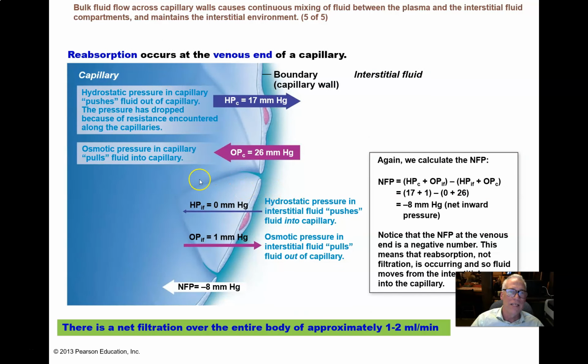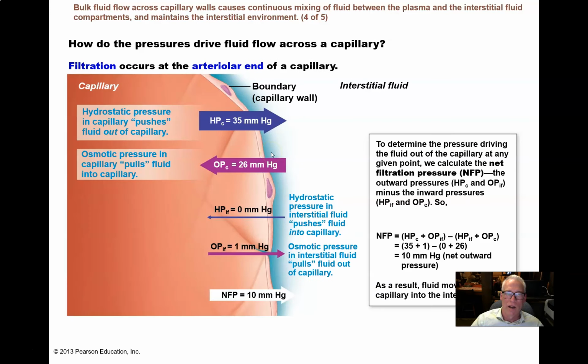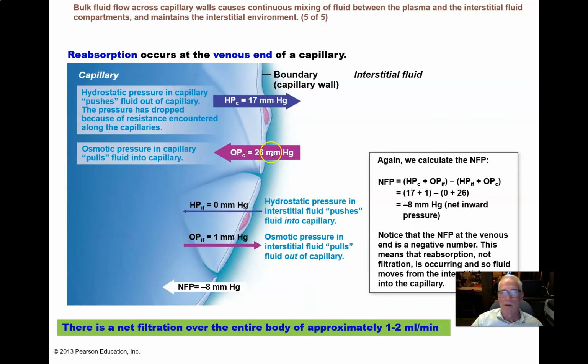Now let's go to the venous end of the capillary. The hydrostatic pressure, or blood pressure, has dropped. Now it's only 17 millimeters of mercury. The oncotic pressure, or osmotic pressure difference, is still 26 millimeters of mercury. Now it's the larger force. So the inward osmotic pressure difference is greater than the outward hydrostatic pressure.